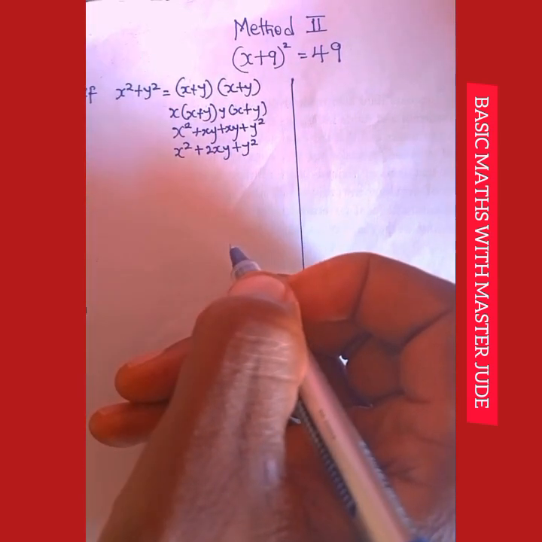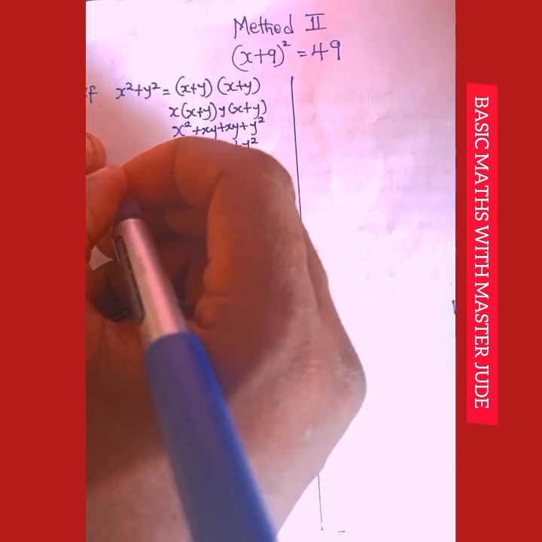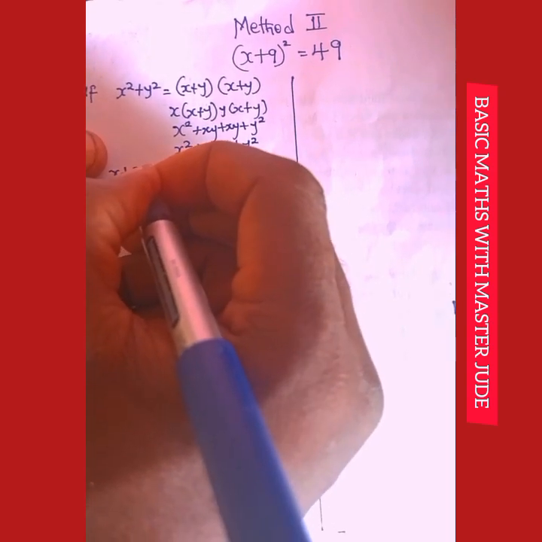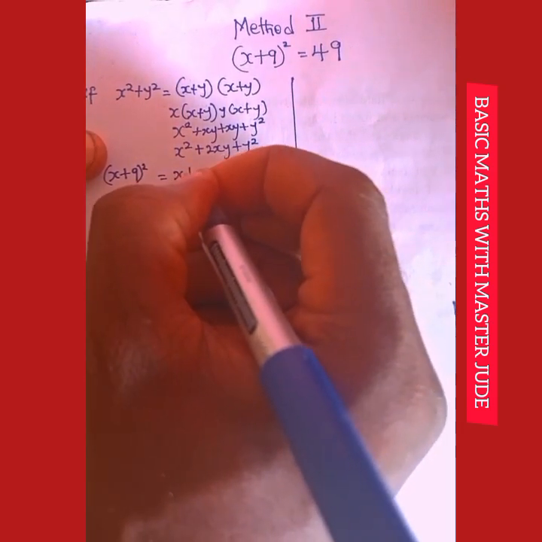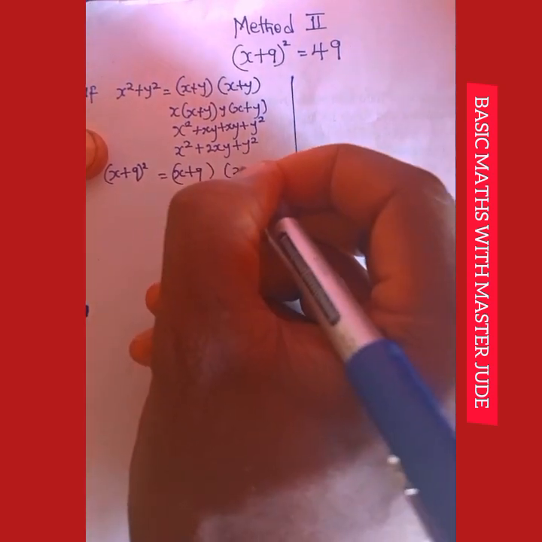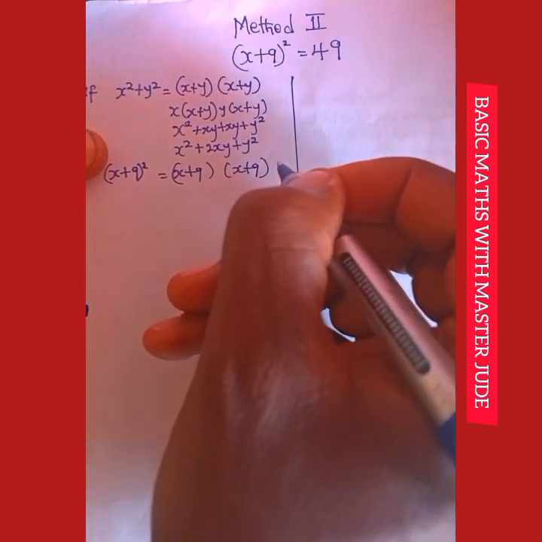Now we're applying the same knowledge to the question. So (x + 9)² is the same as telling you (x + 9)(x + 9). Then let's expand.